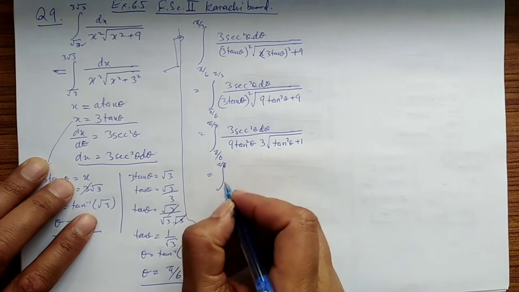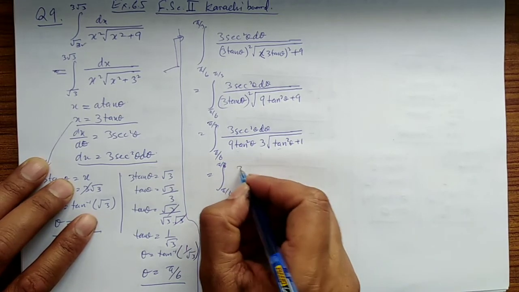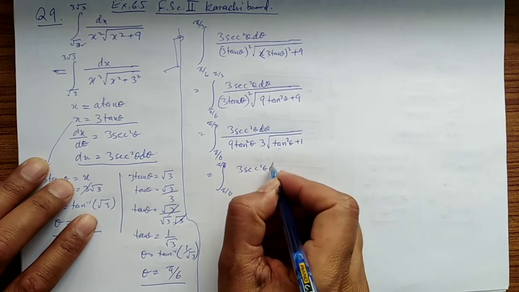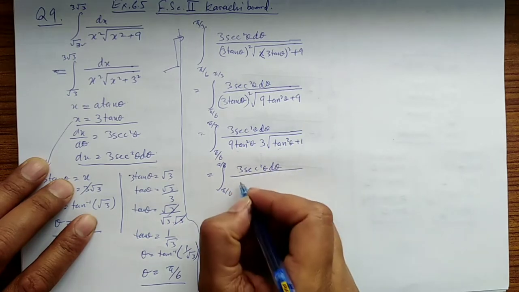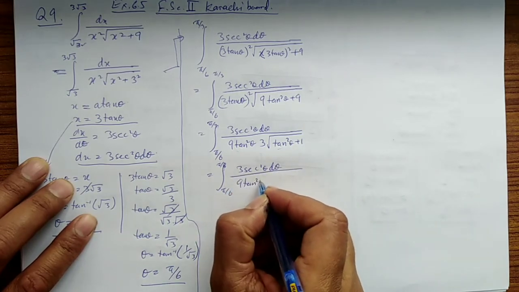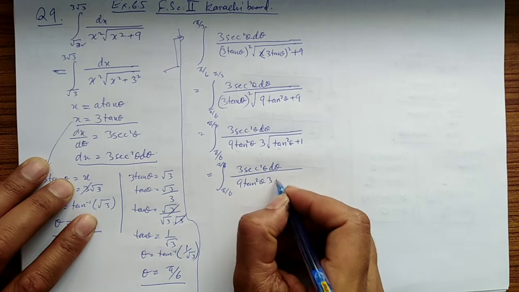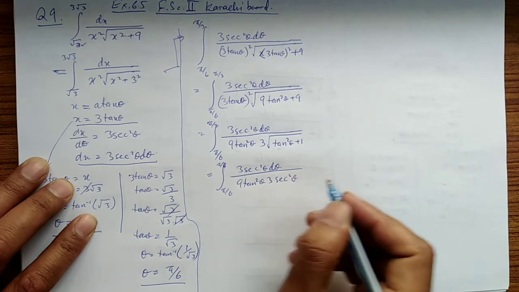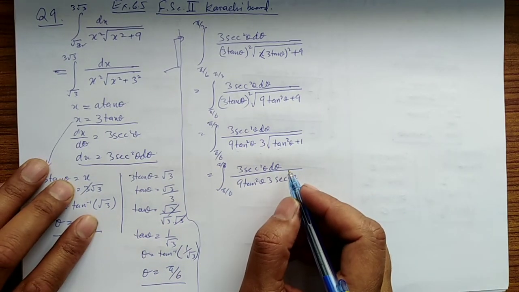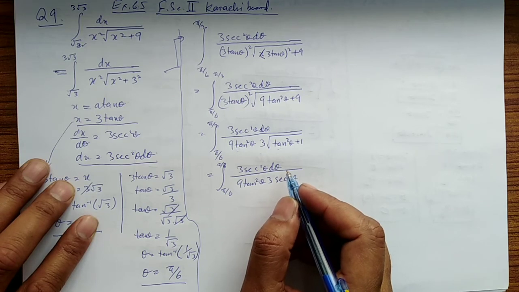integral from pi upon 6 to pi upon 3 of 3 sec square theta d theta, whole divided by 9 tan square theta and 3 sec theta.